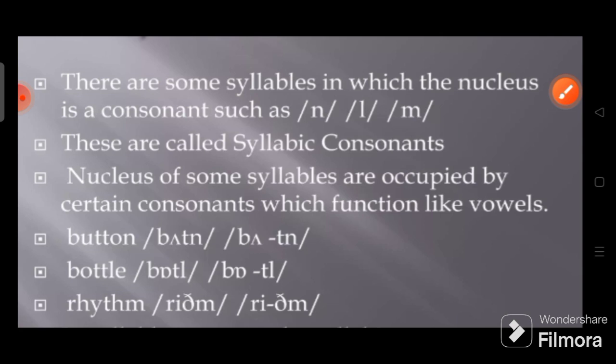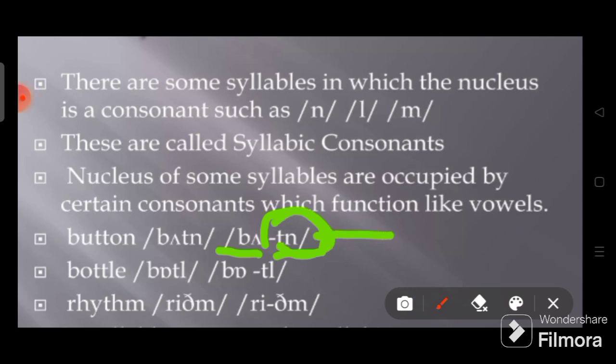That's why, see, "button": but-n. Here there is no vowel sound, but this is a syllable. So the syllables which form like this are called syllabic consonants.